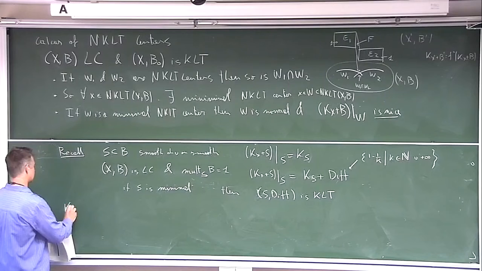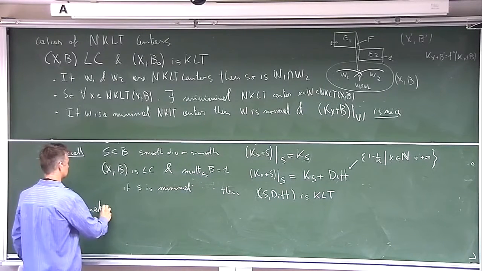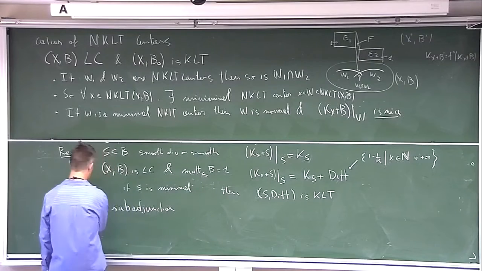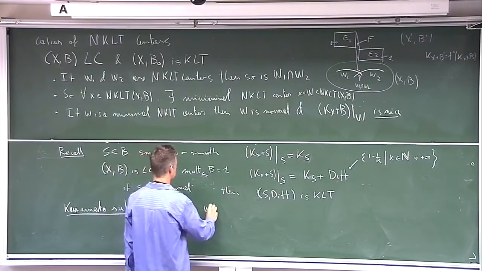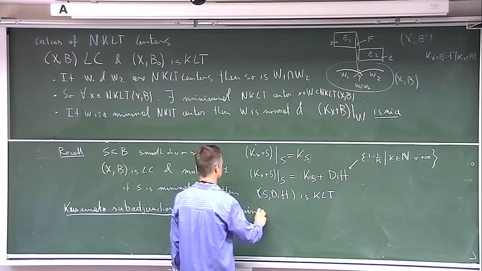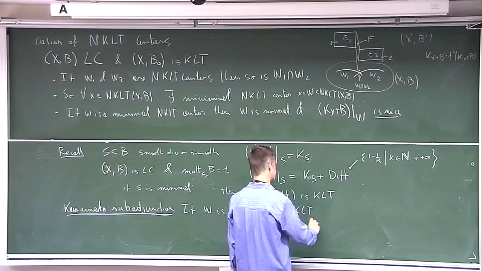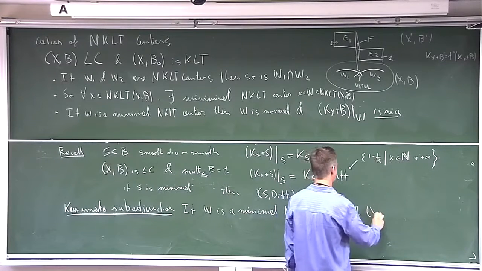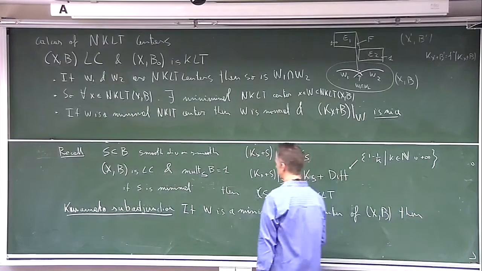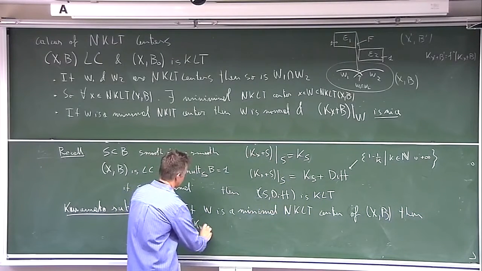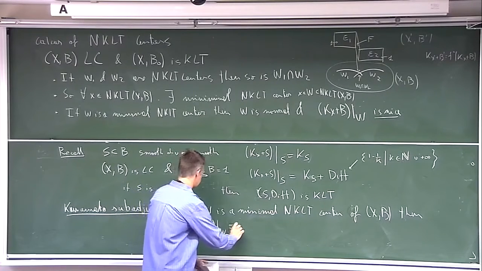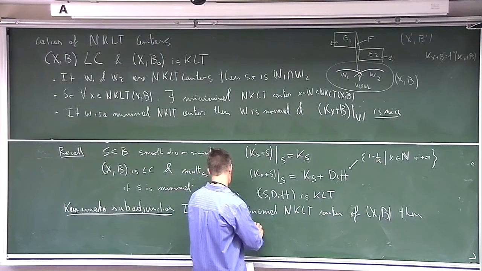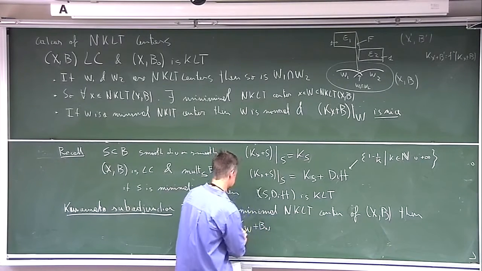Kawamata subadjunction says that if W is a minimal non-Kawamata log terminal center of a log canonical pair (X, B) as above, then we can write K_X plus B restricted to W is of the form K_W plus B_W, where this is a Kawamata log terminal pair.